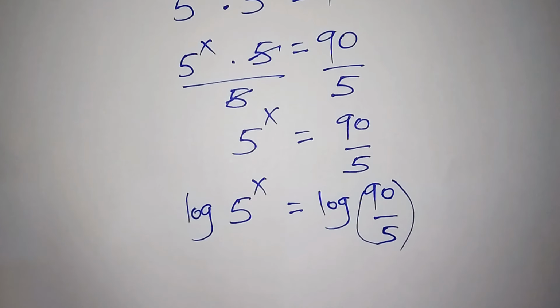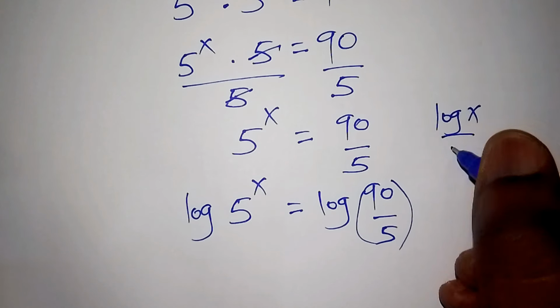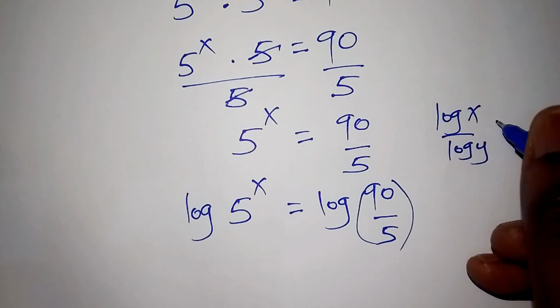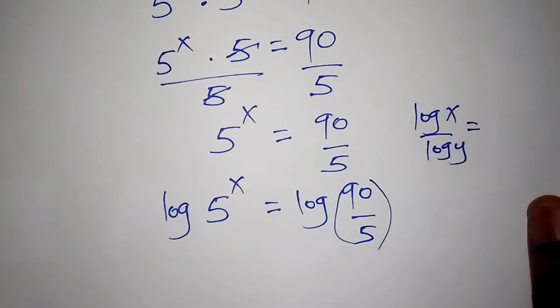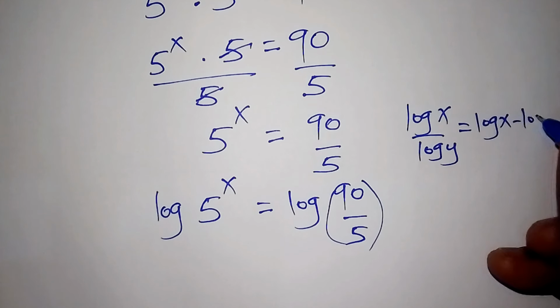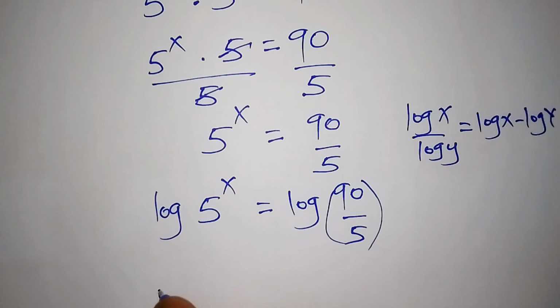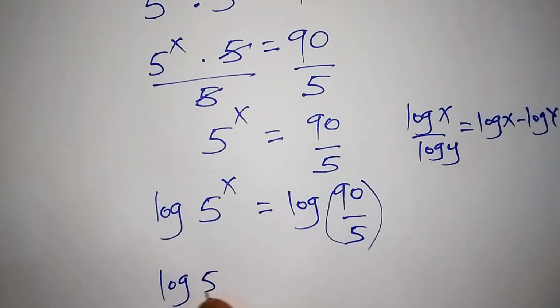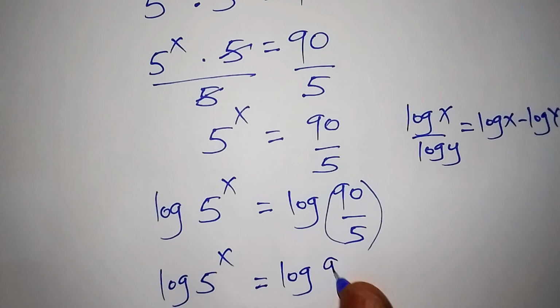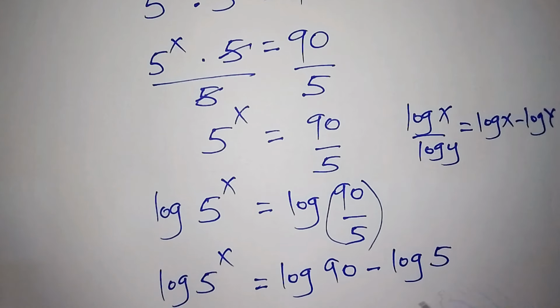So that is to mean that when you have the log of x all over y, this can also be written as log x minus log y. So our log of 5 to the power of x can also be written as the log of 90 minus the log of 5.